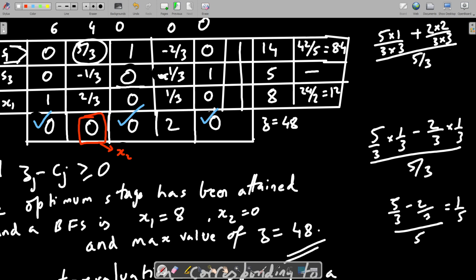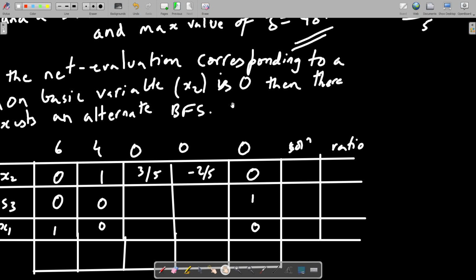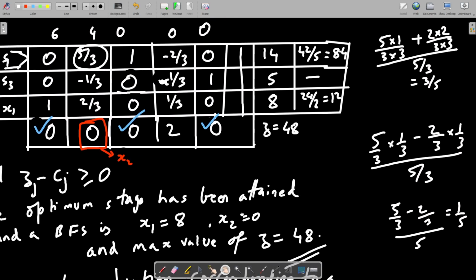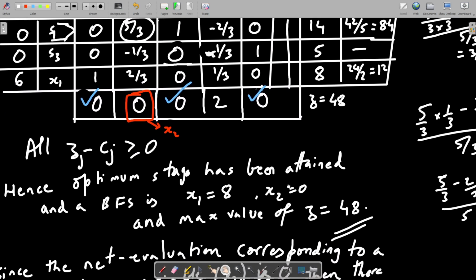Notice something here, this is 5 into 1 is 5, this is 2 into 2 is 4. So 5 plus 4 is 9 divided by 3 into 3, that is also 9, so it's 1. So it's going to become 3 by 5. Okay, after taking that thing on top. So 1 by 5 and 3 by 5.